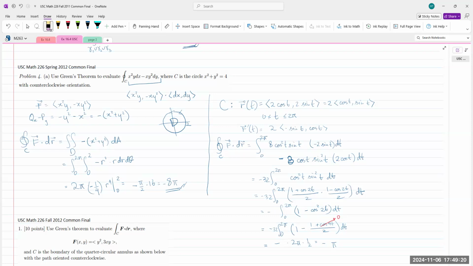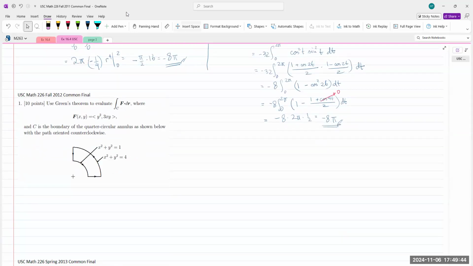It's 8 already here. It's negative 8 pi. See, every time I try to do it directly, I mess up. I try to go fast, I try to skip steps, and that's what happened. Okay, learn from my mistakes though.